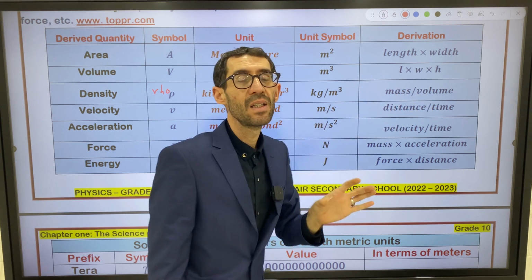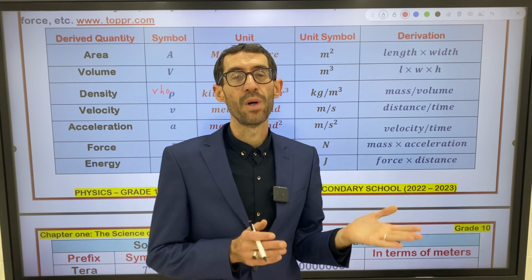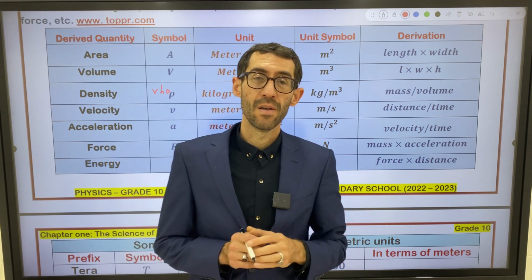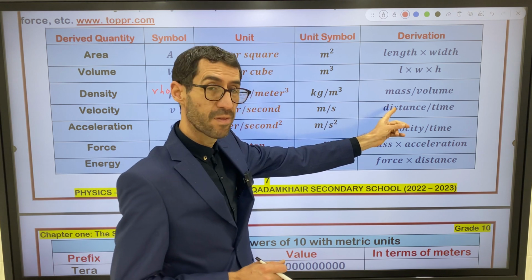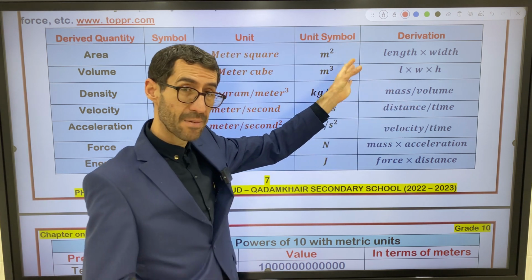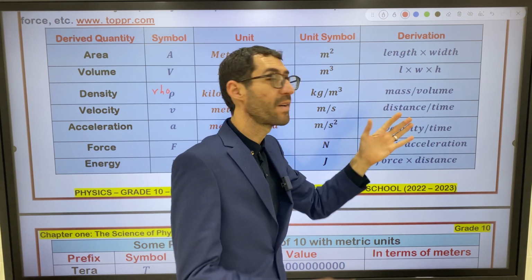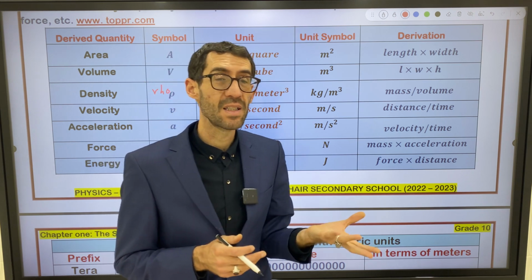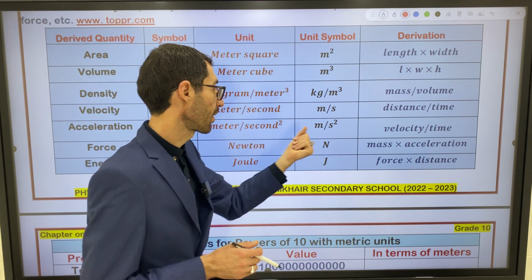So any derived quantity is not original; it is derived from other quantities. Velocity comes from distance over time. Distance is a quantity and time is another quantity. That's why whenever you divide them, you find the velocity, which is not fundamental, it's a derived quantity, right?